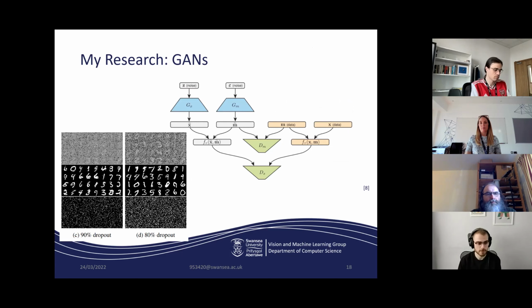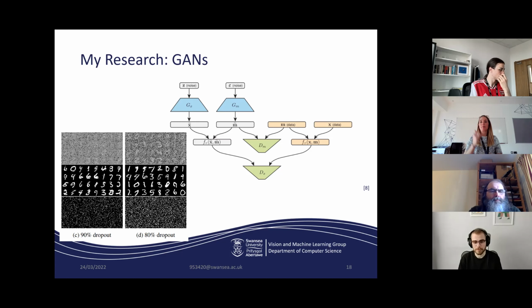You can see in this diagram for the MNIST data set of handwritten numbers that given a 90% or an 80% missing rate, where each pixel is independently assigned a missingness based on some probability, it can learn this underlying distribution and generate fairly good handwritten digits with only 10% of the input data available to it. The top shows in gray the data that is missing, the middle is the output of the generator, and the bottom is the output of the missingness generator, so the representation of what's missing.